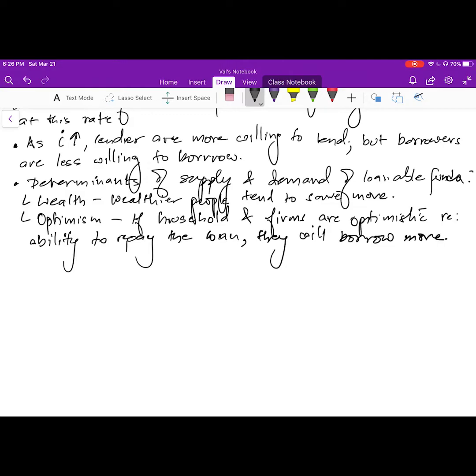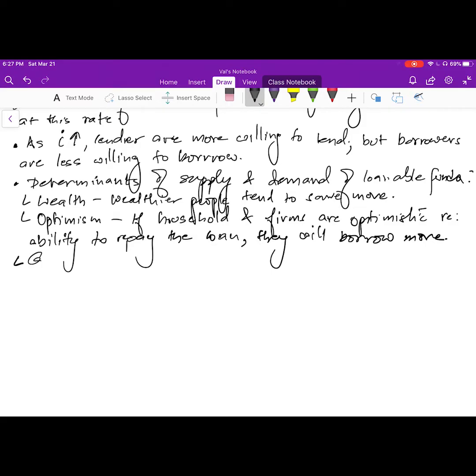Of course, it works the other way around as well, where financial markets are more willing to lend if they think that the chances of them getting the money back is higher in the future. So if they're optimistic about the future, it works both ways.